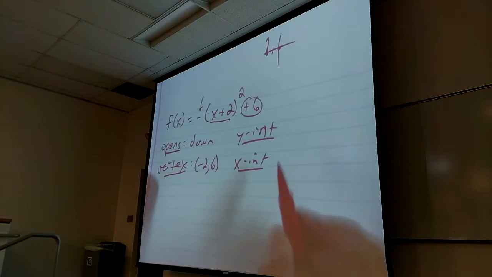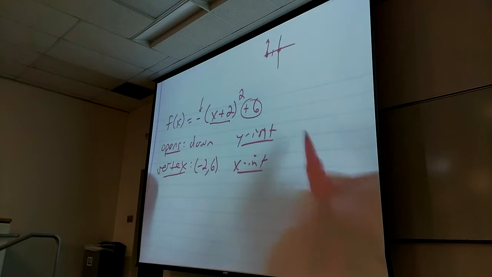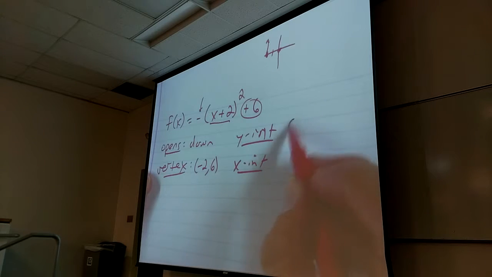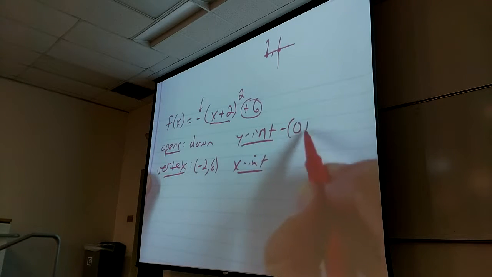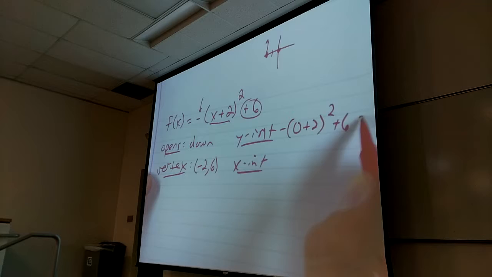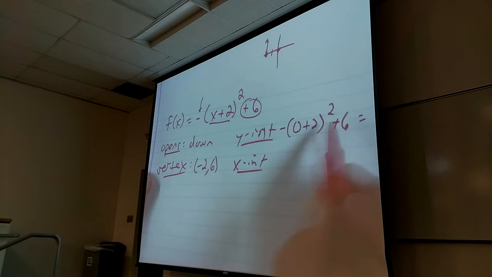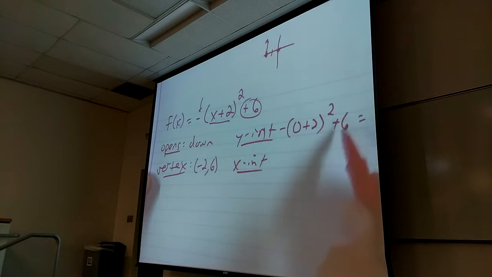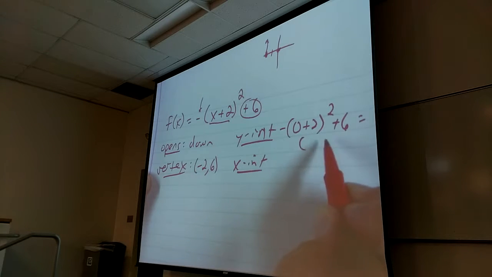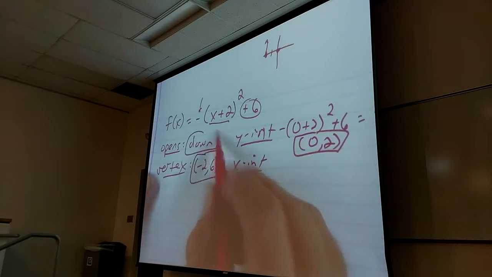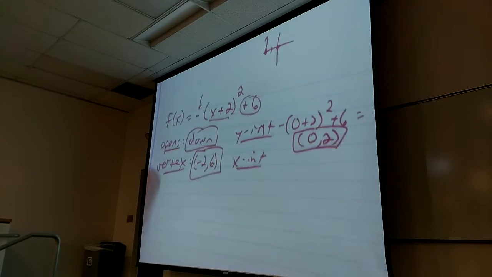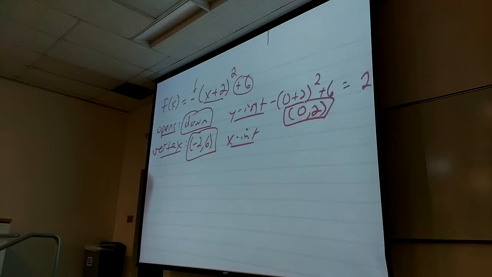How about the y-intercept? How do I find the y-intercept? Yeah, make x 0. So negative 4 plus 6. So what's the y-intercept? 0, 2. And what about the x-intercepts? How do you find the x-intercepts?